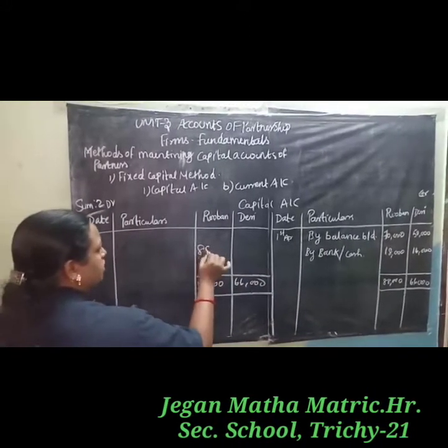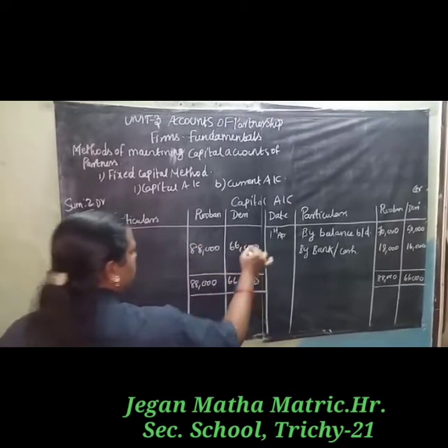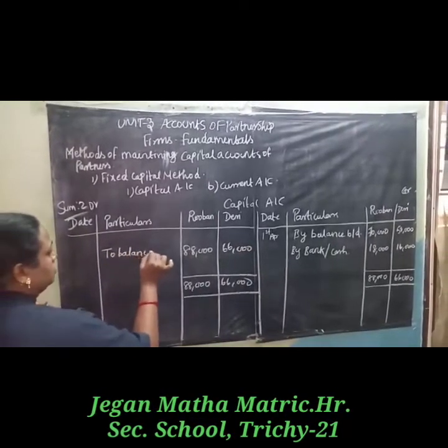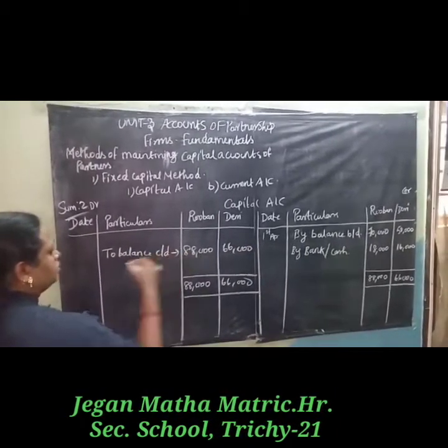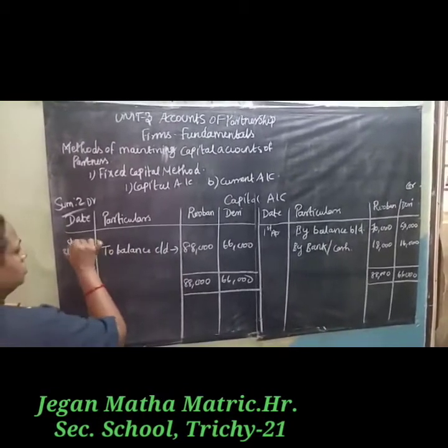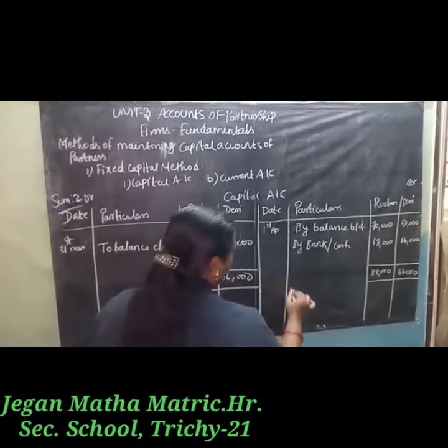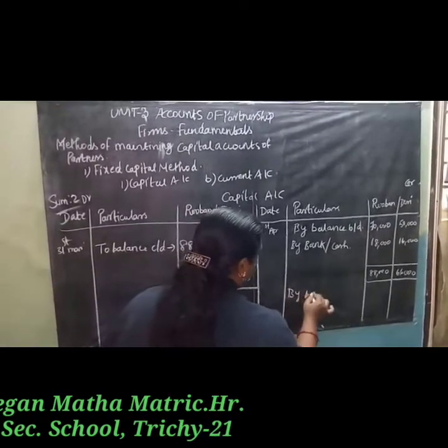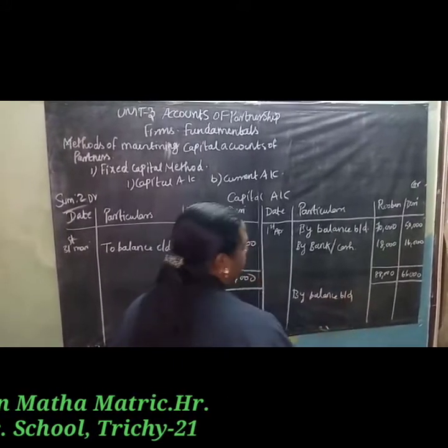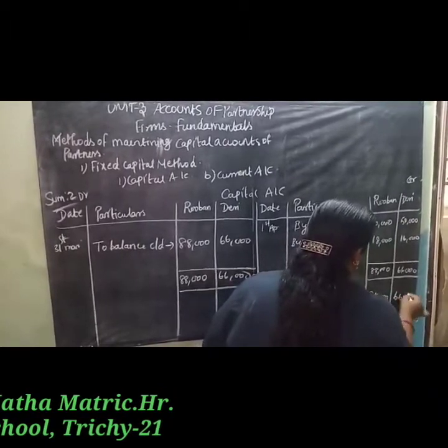So balance carried down: to balance c/d, 31st March, 88,000 and 66,000. Next, by balance brought down, 88,000 and 66,000.